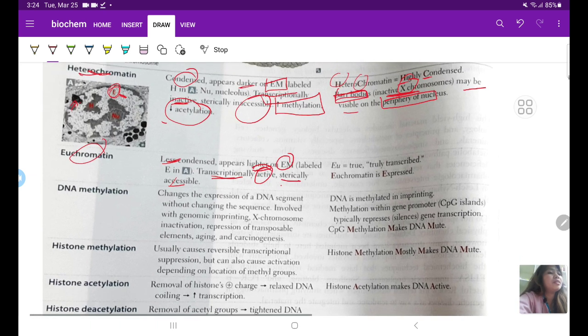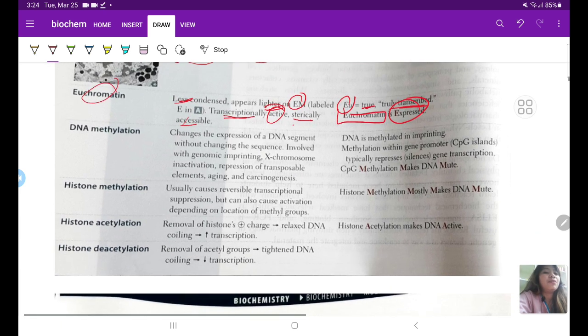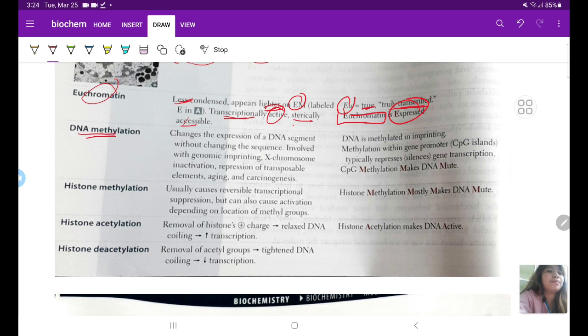So here there's further information to remember what euchromatin is. Eu meaning truly transcribed, and euchromatin meaning expressed.